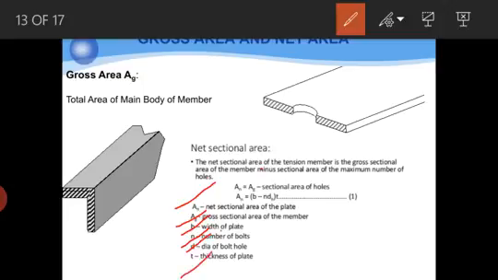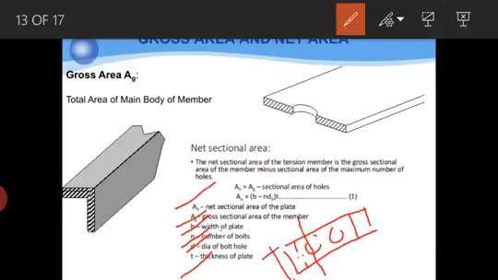So AN can be calculated, suppose this is a plate. If I want to calculate the area here, that is a net area, that becomes B, the width of the plate, minus N, the number of holes present. Suppose 1 is present here, 1 into the diameter of the hole, multiplied with the thickness of the plate, that gives you the net area.